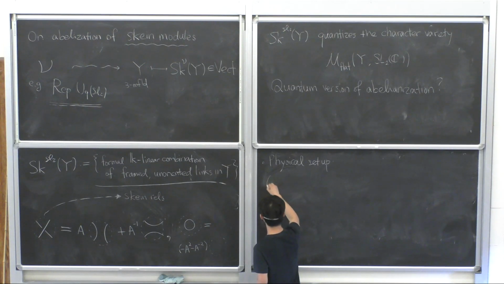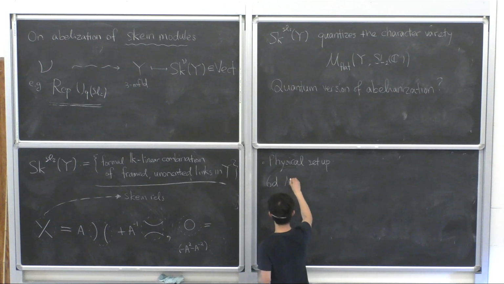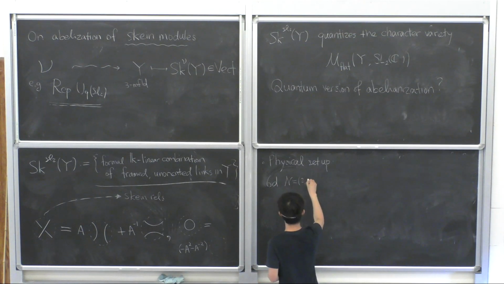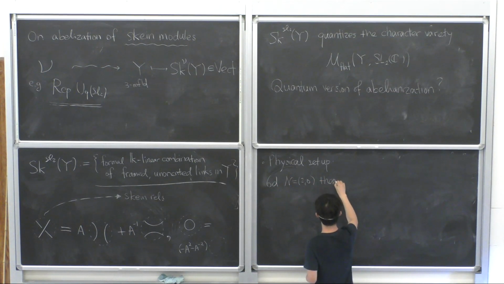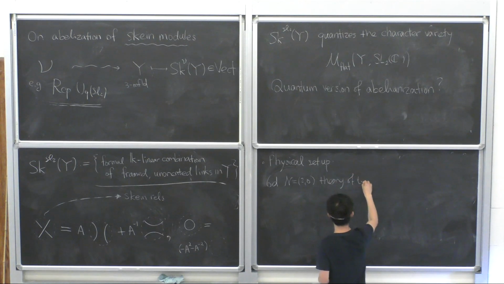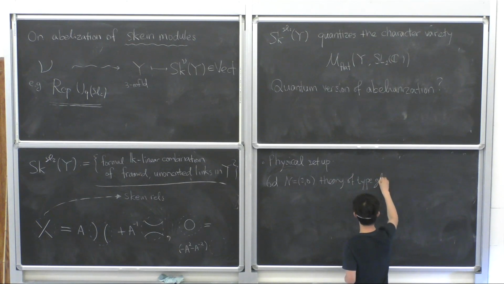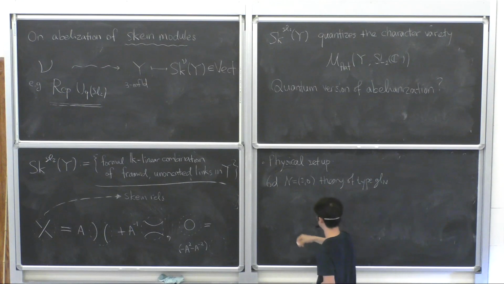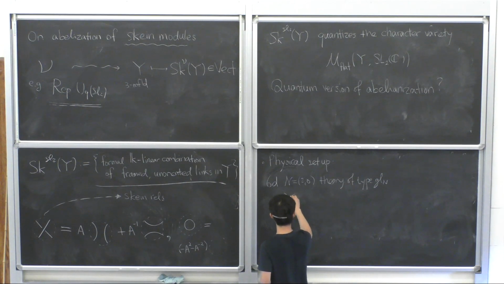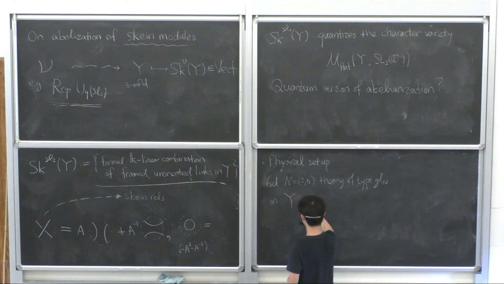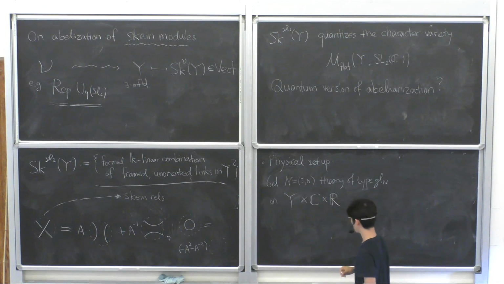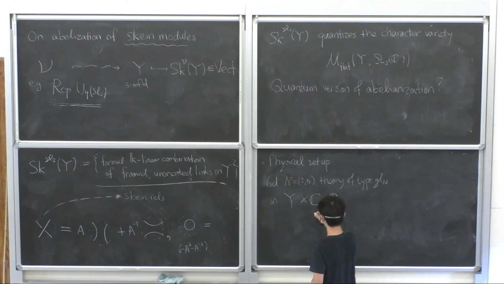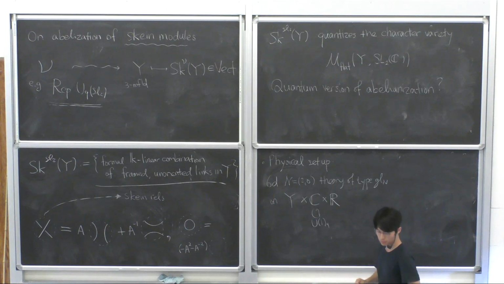So we're going to consider the fivebrane theory of type gl_N on a three-manifold Y, say times a complex plane, times R. And we're also putting an omega background in C. Let me denote this U(1) rotation symmetry by U(1)_q.